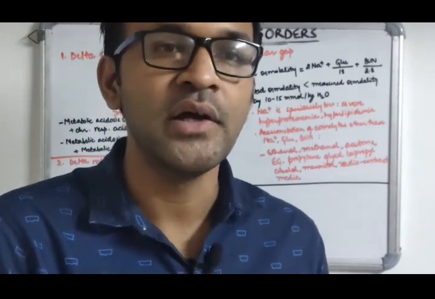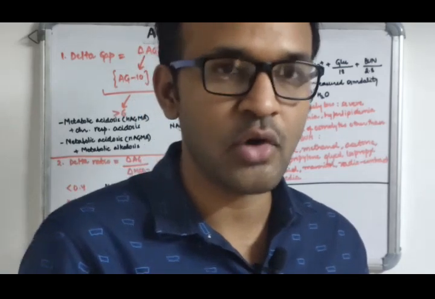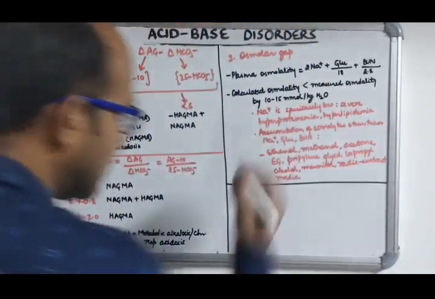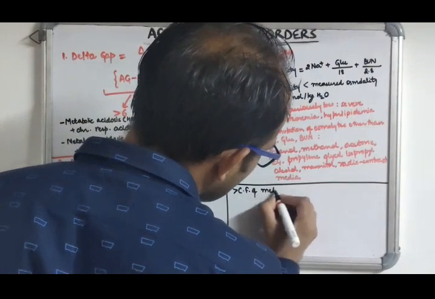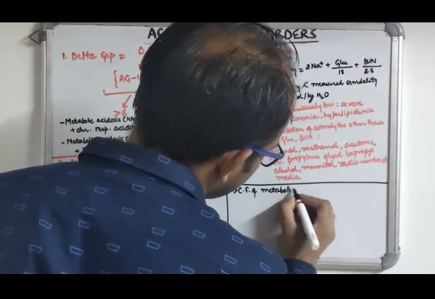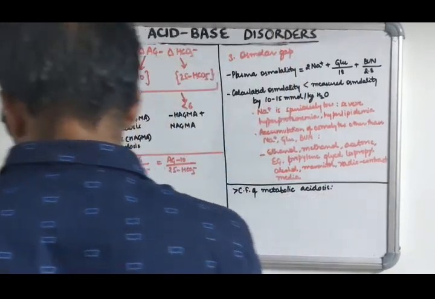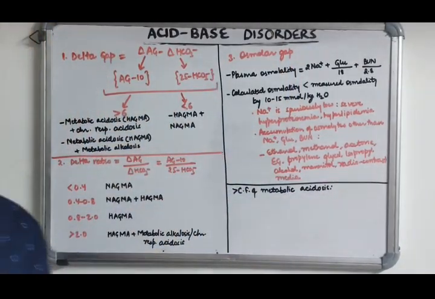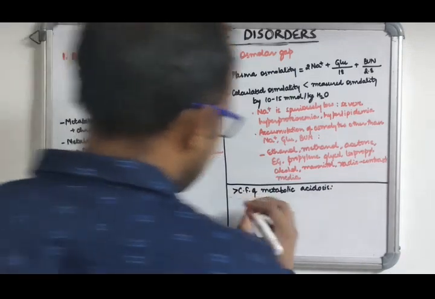That results in a particular pattern of breathing which is called Kussmaul respiration. So what are the clinical features of metabolic acidosis? As a result of fall in pH, there occurs an increase in ventilation, especially the tidal volume, which is called Kussmaul respiration.